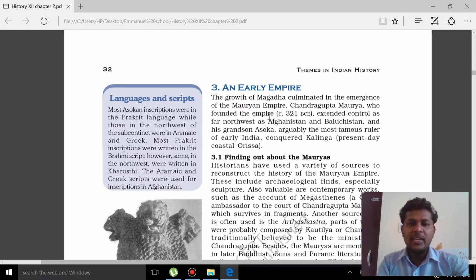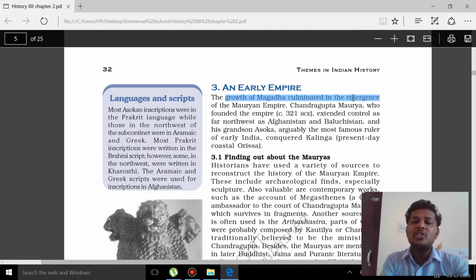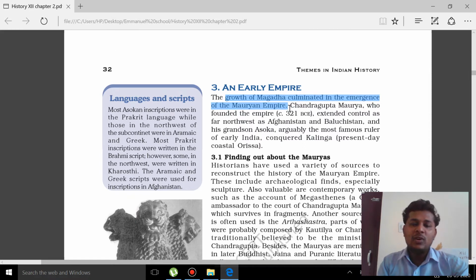Now coming to the main topic. See, the growth of Magadha culminated in the emergence of a new empire called the Mauryan Empire. Okay, Chandragupta Maurya is the one who founded this empire. He extended the control far to the northwest, like Afghanistan and Balochistan, which is in Pakistan today.